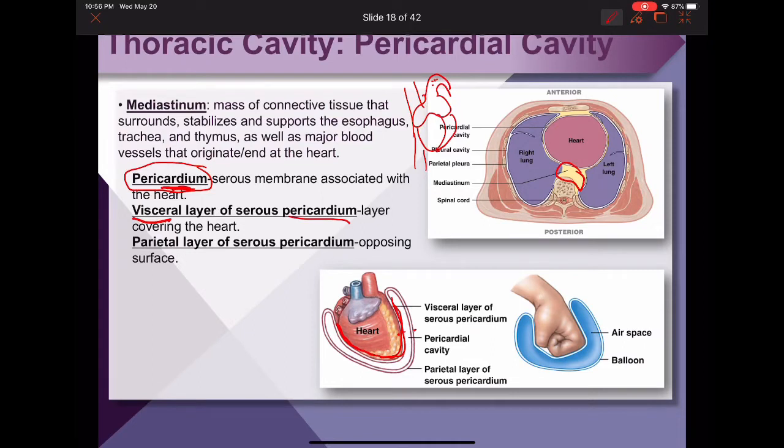Okay, so that every time your heart is beating against other tissue, we're reducing the friction of that heart tissue rubbing against other things. Okay, also the pericardium gives the heart space, like I was talking about, to change size and shape as it fills with blood and as it pumps out blood.